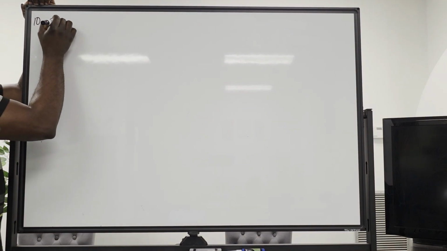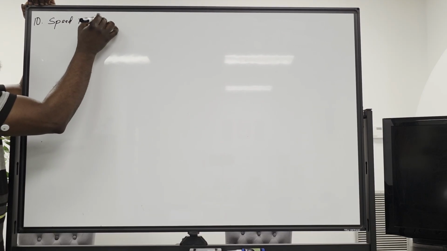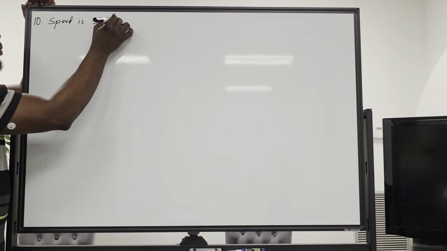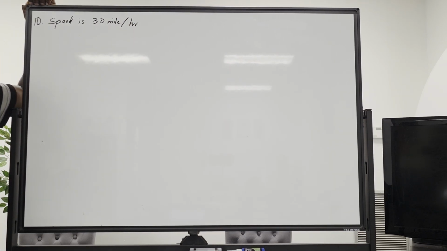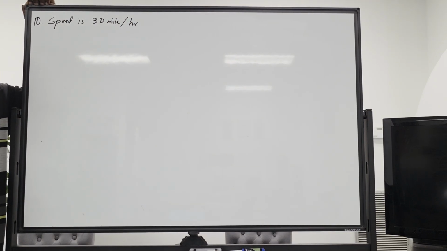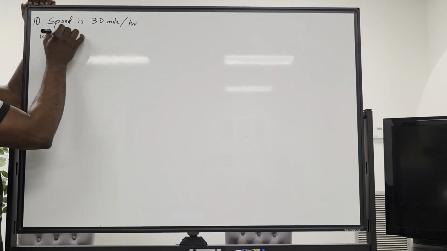So the speed is 30 miles per hour. What is the boat's speed in feet per second?